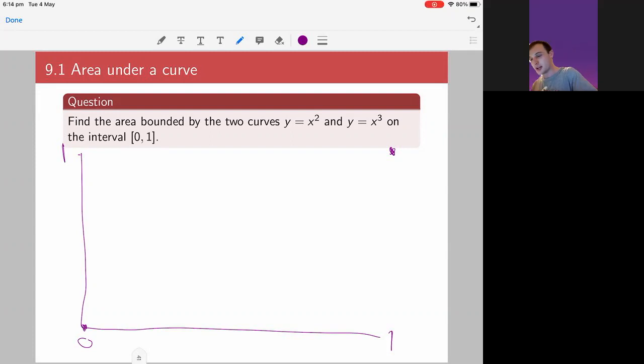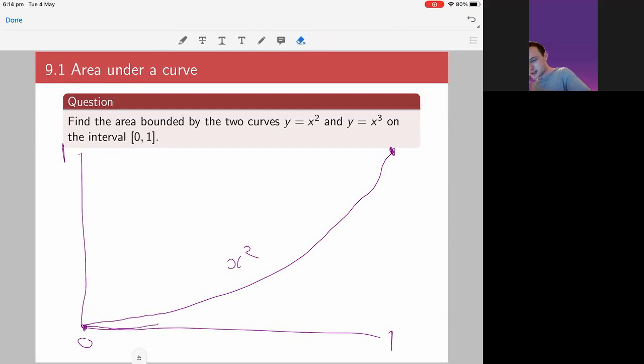So while the x squared function looks like this, the x cubed function looks even flatter. Well, let's say it's something like that.